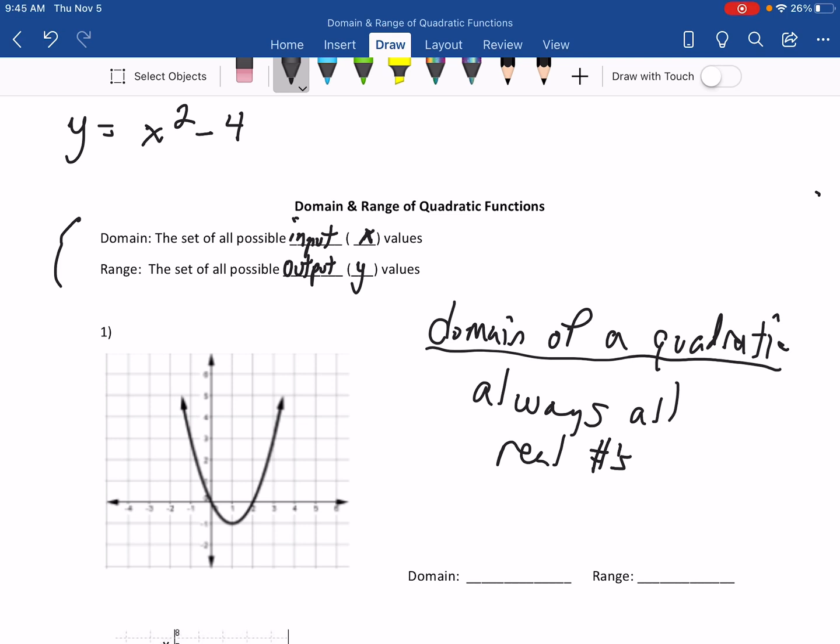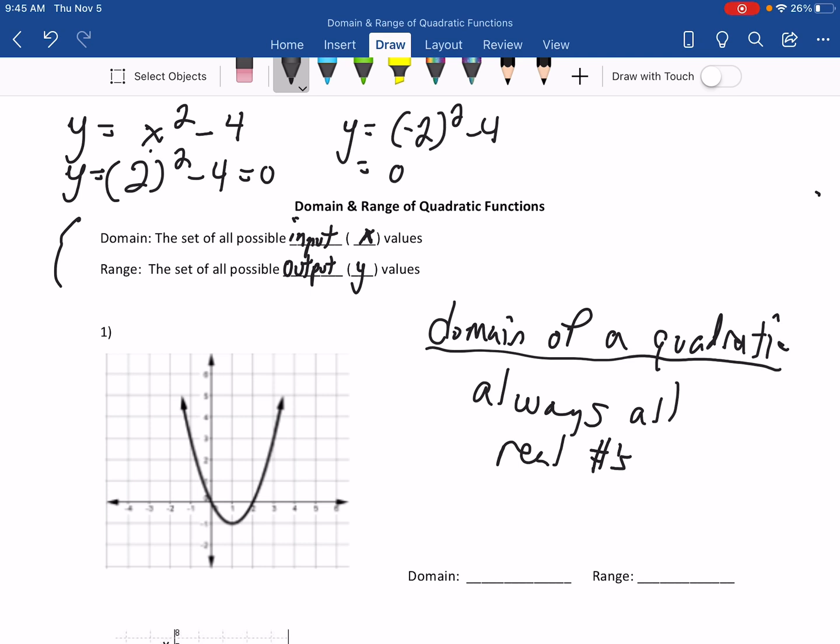If I know x is 2, y would be 2 squared minus 4, which is 0. Or if I do negative 2, that's also 0, right? The point being, I can take any real input and I'll always get a real output.